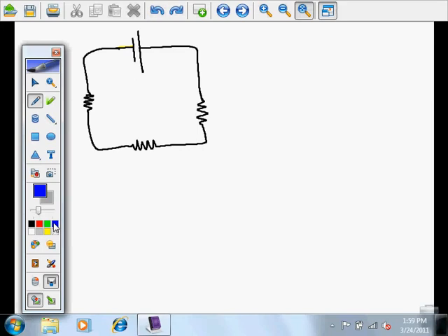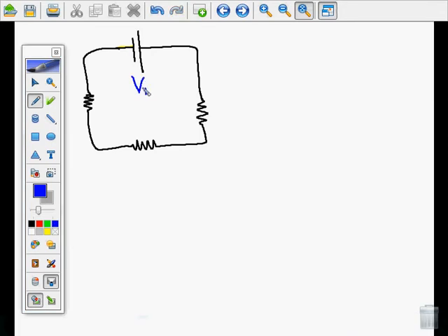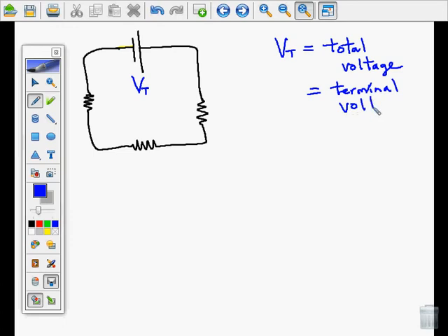The total EMF, the total energy handout, I could label VT. And VT stands for the total voltage, the voltage of the EMF. Sometimes it's referred to as the terminal voltage across the battery.